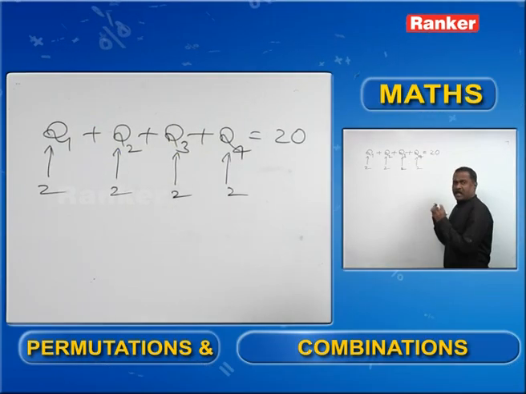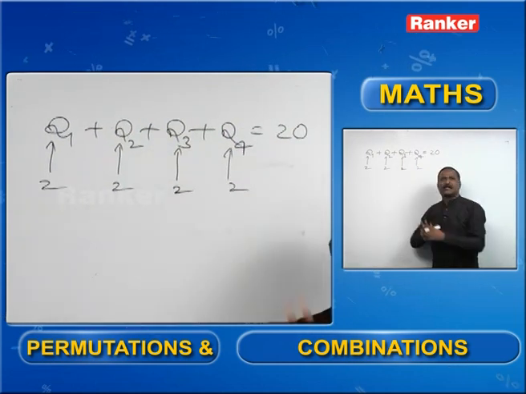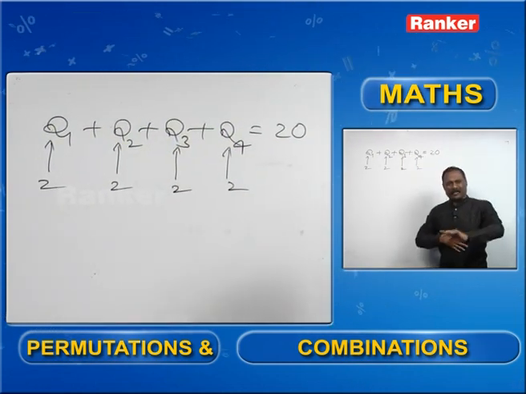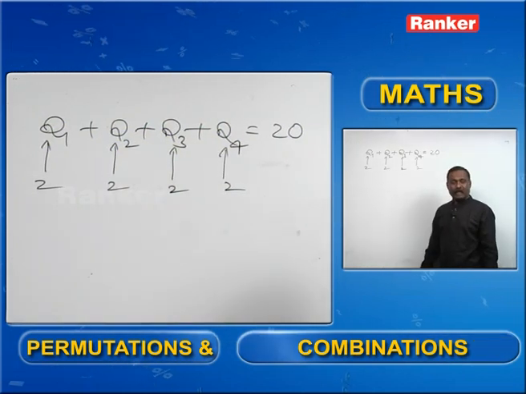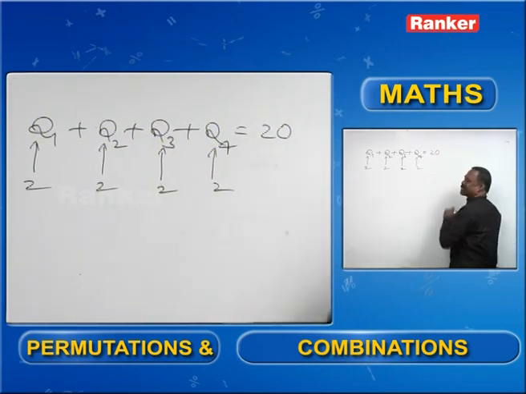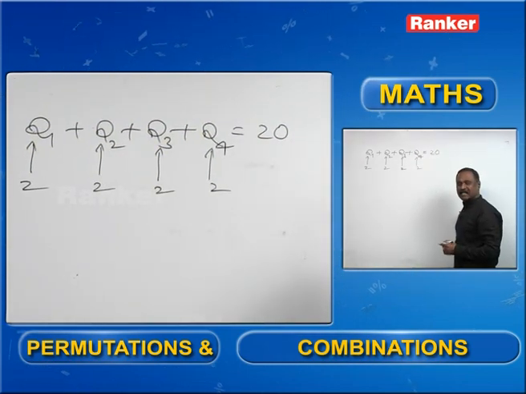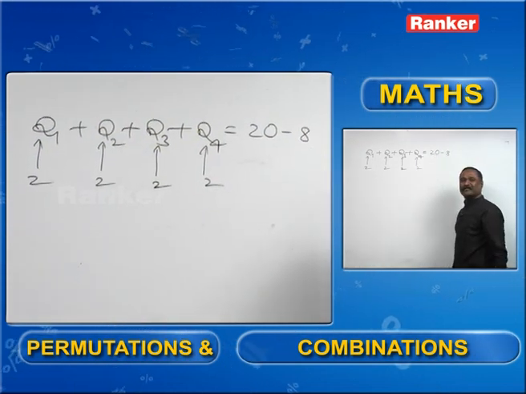We are distributing 2 to each to satisfy the restriction. Distributed 4 into 2, 8. So 8 marks are already distributed. Then what we do, we just distribute those marks that are subtracted now.